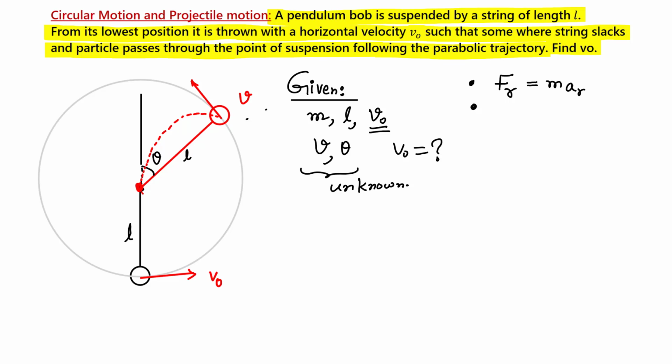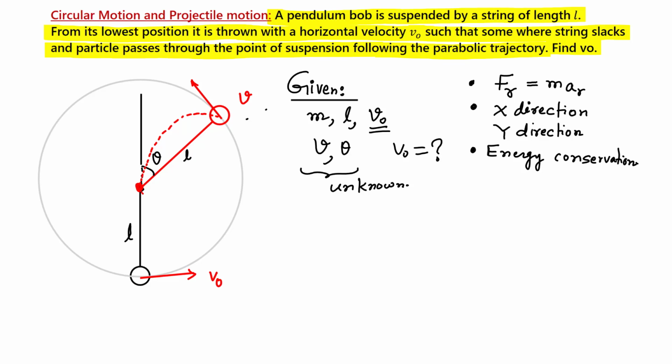Second, since the bob moves in a parabola, we write the x direction equation and the y direction equation of the parabola. And we will also need to write energy conservation. So use these three equations. Pause this video, write these three equations and try to solve for v0.